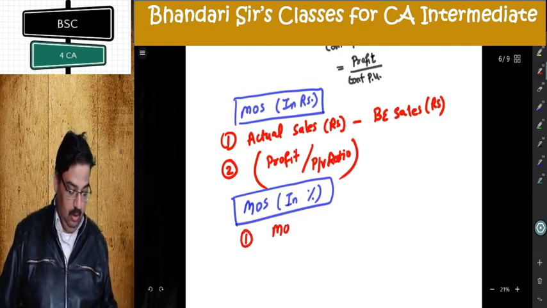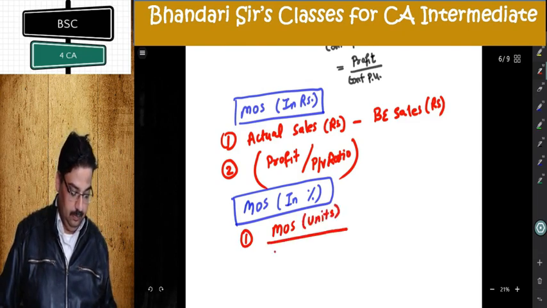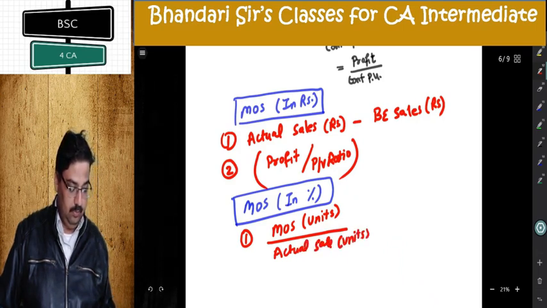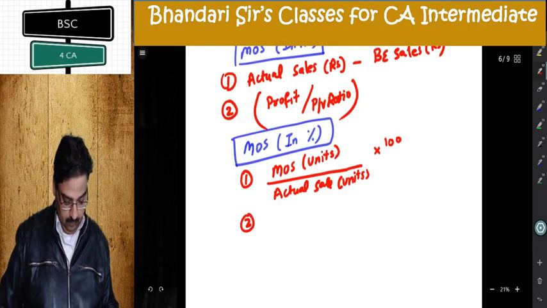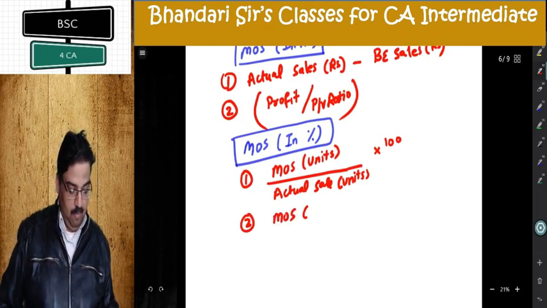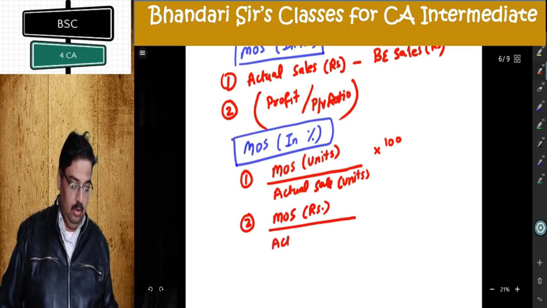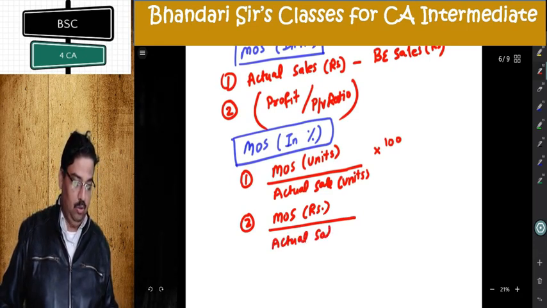First formula, MOS in units divided by actual sale units into 100, or MOS in rupees, this will be used more, divided by actual sales in rupees into 100.